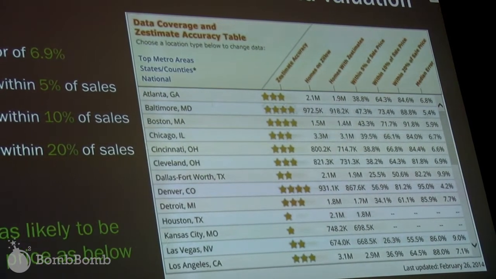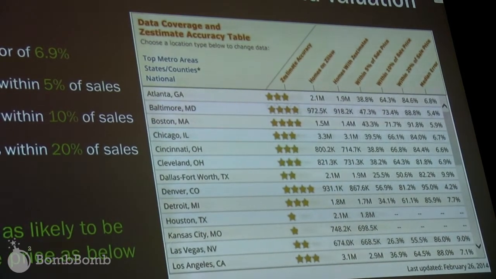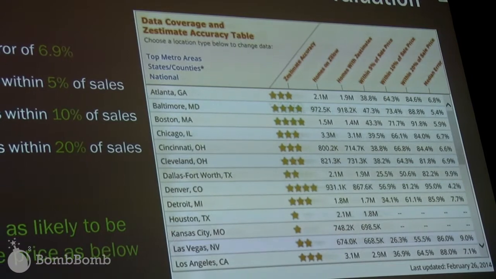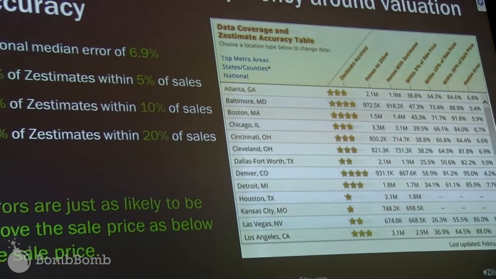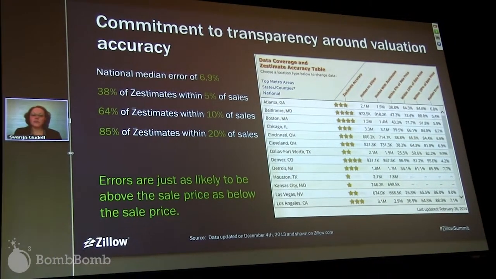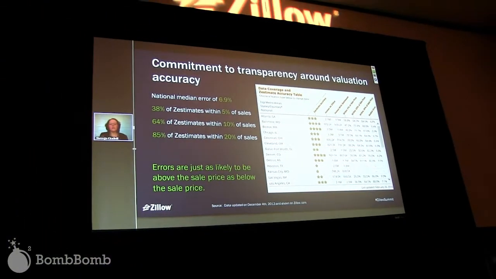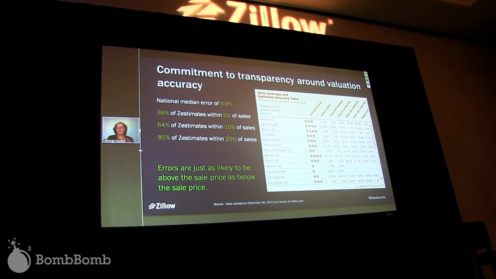And so nationally, you'll see our median error is 6.9%. Now if you're like, well, that doesn't tell me much of anything, if you're not a math geek, that makes complete sense, then I recommend looking at ranges. So nationally, 85% of estimates fall within plus or minus 20% of sales.